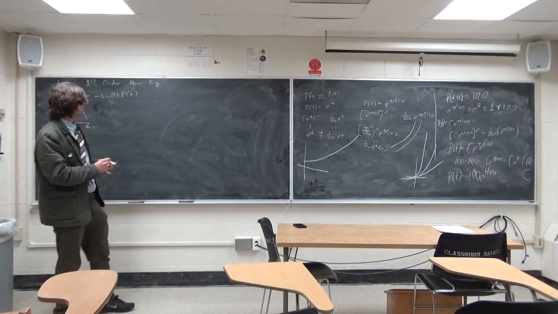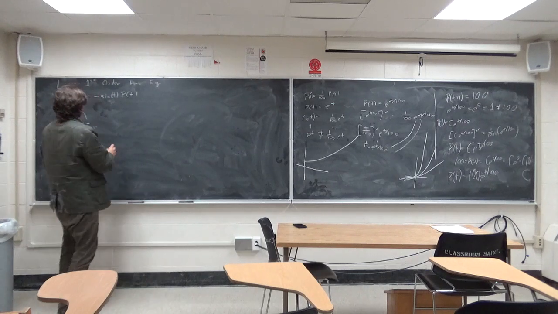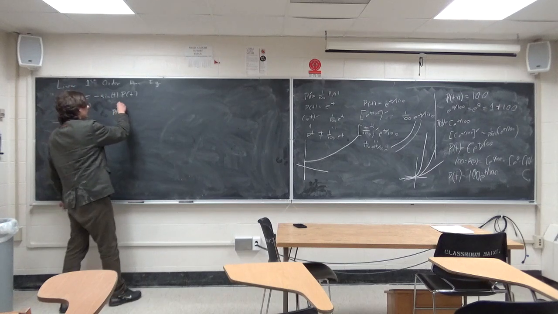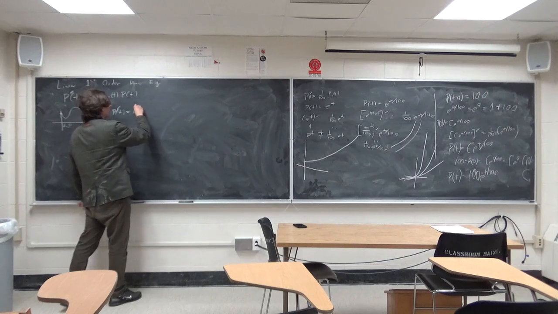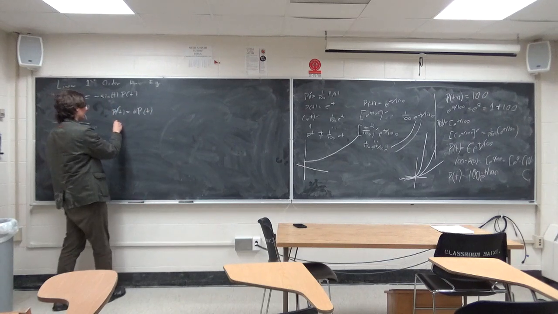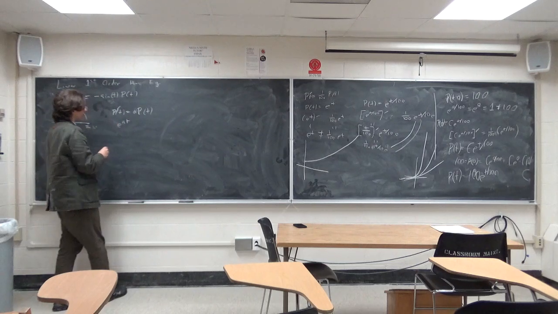How do we handle it? Well, let's first remember what we did in the last problem just now, okay? P derivative of t equals a p of t. How do we solve that? Well, we have this function e to the a t, okay?